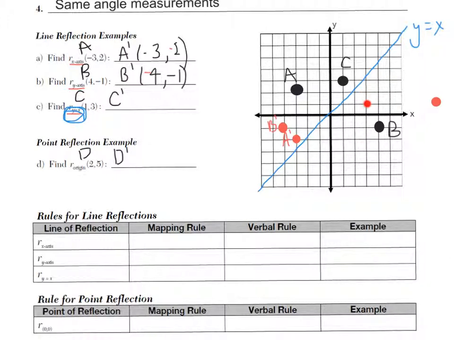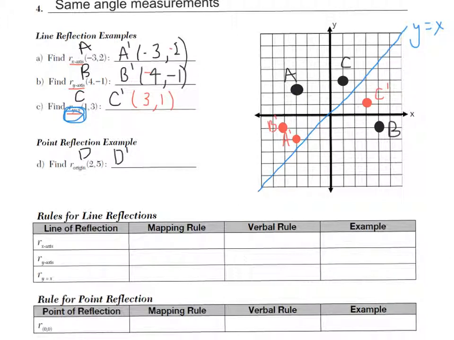Does this point that I'm drawing right here look like it's the same distance away as point C? Let me actually move my point here. That actually is my C prime point. It's the same distance away from my line of symmetry, and it happens to be the point 3, 1.